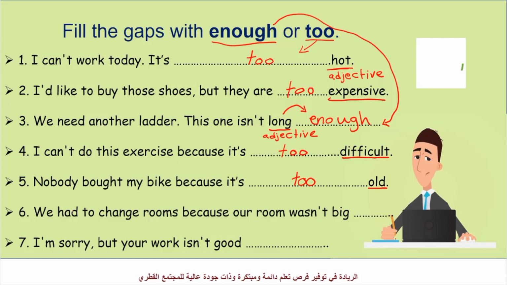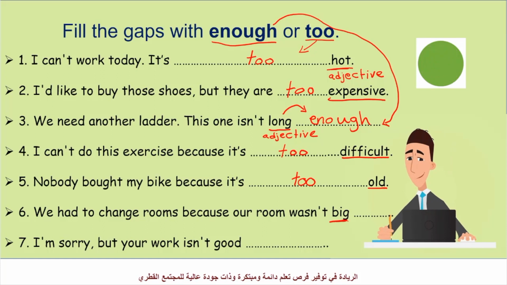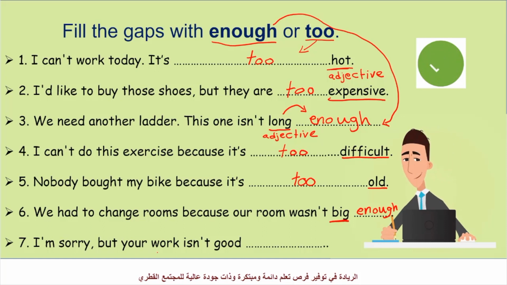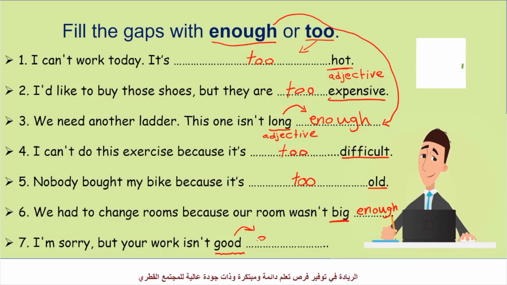We had to change rooms because our room wasn't big enough. Here big is an adjective and enough comes after the adjective. I'm sorry, but your work isn't good enough. Good is an adjective and we have to write enough here because enough comes after the adjective.